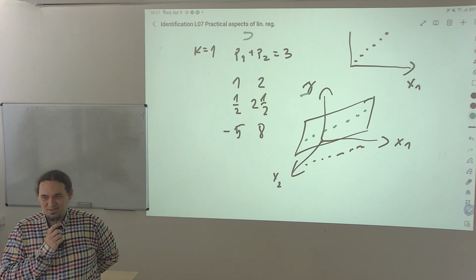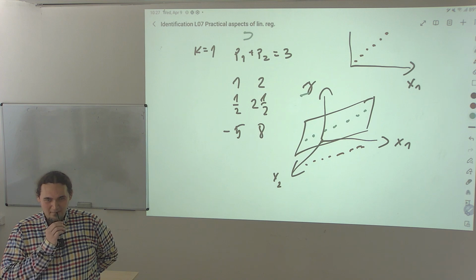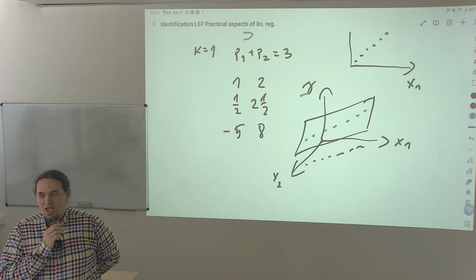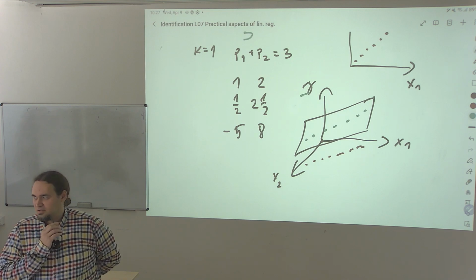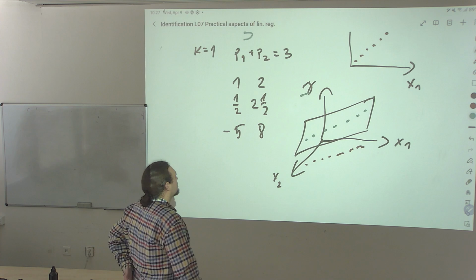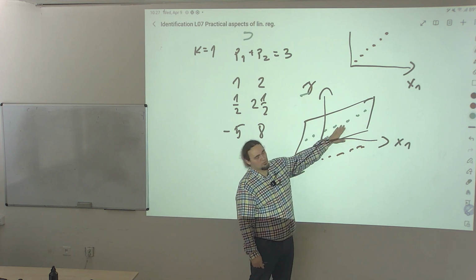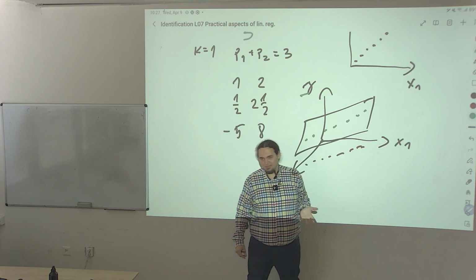Can you sense any problematic point? Is it fixed, or is it possible to find just one plane that would share this line?